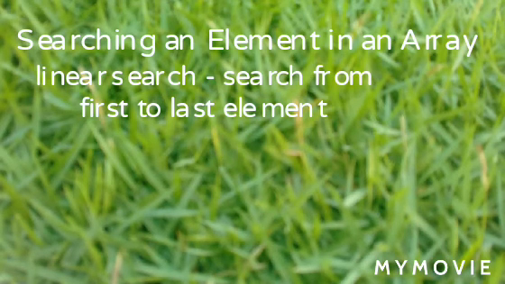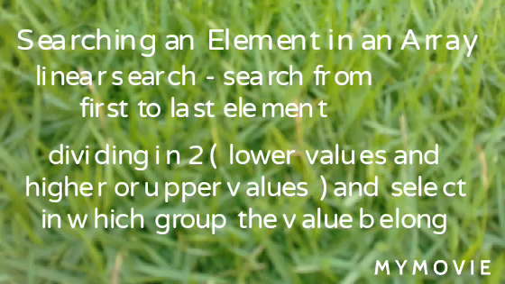Because of this reason, another search was formed. What do you think it is? Of course, you can't guess it yet, because the elements must be sorted first before searching for the value. Now that the elements are sorted, can you think of any idea to search for a number? If yes, congratulations to those who answered it right. The answer is dividing the list into two. The first half is the lower values and the second half is the upper or higher values.